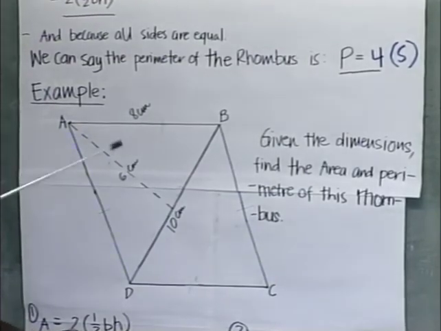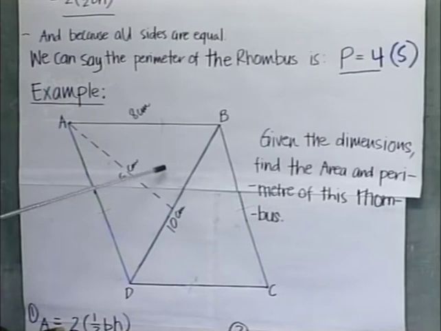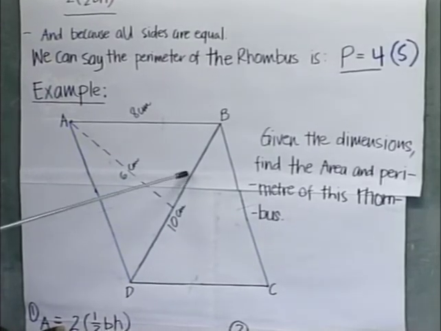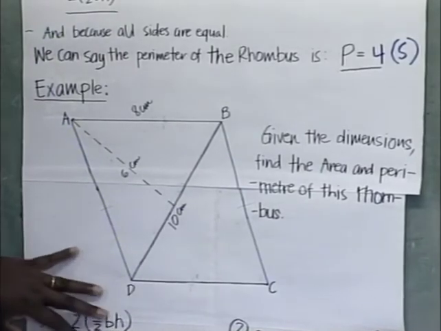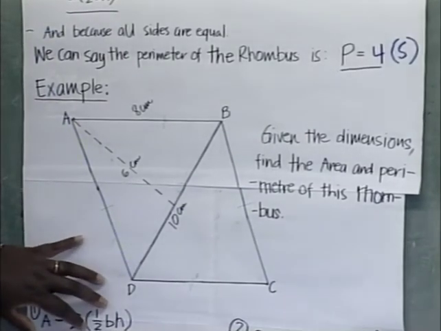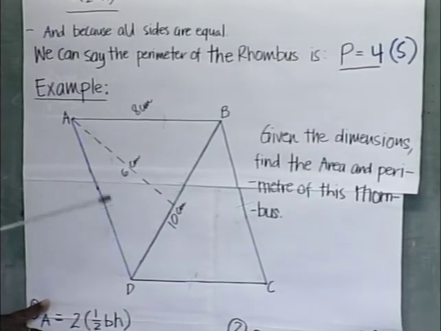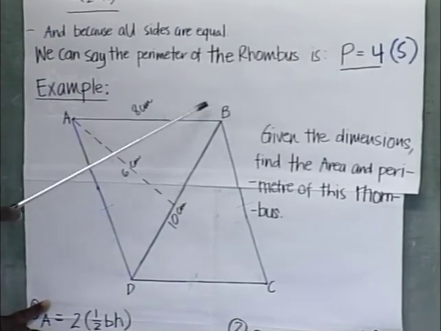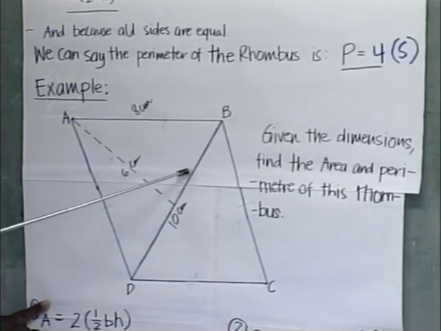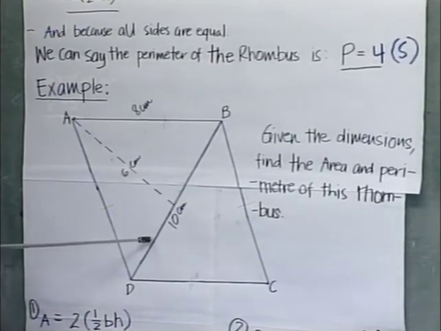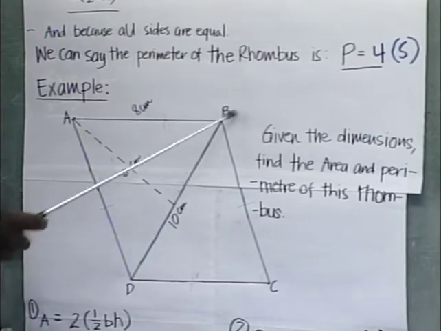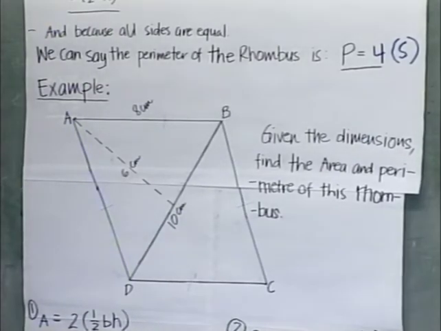If it's a right angle triangle, then you're supposed to use Pythagoras theorem to find this. Maybe the group that did this were not aware of that, but it should agree. If this is 6 and this is 8, then you should be able to use Pythagoras theorem to find this one, and then multiply by 2 to find this side. But what they did was they got the diagonal to be 10.